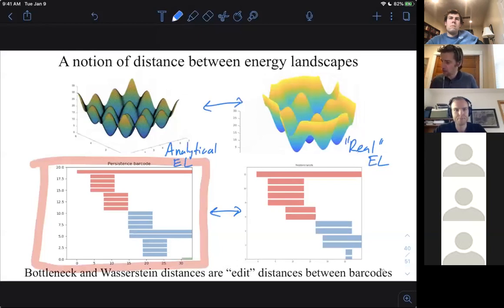But you could also look at notions of distances between barcodes. And so we're happy to see that many of the phenomena are preserved from the simple energy landscape to the more complicated one, especially at lower energies, which is what people care more about. But certainly not everything is preserved.